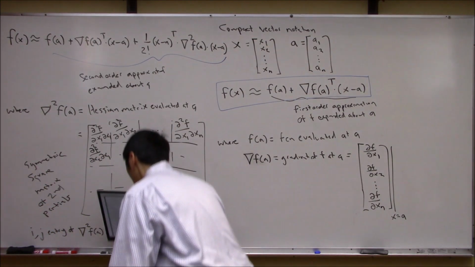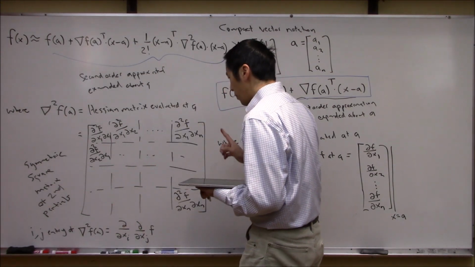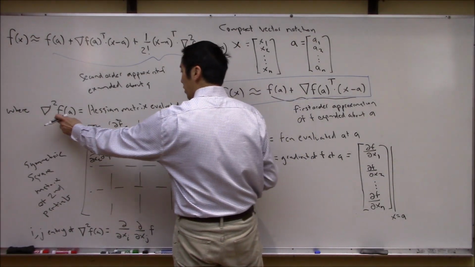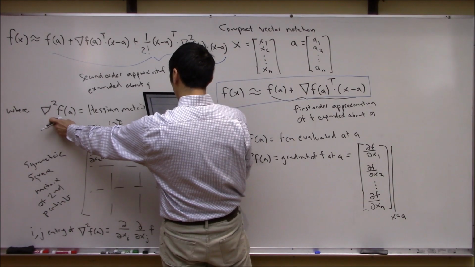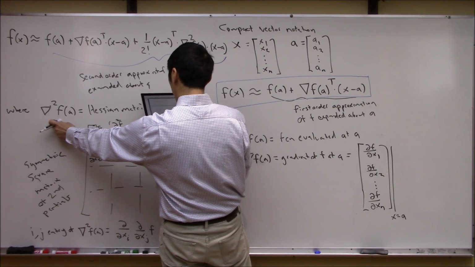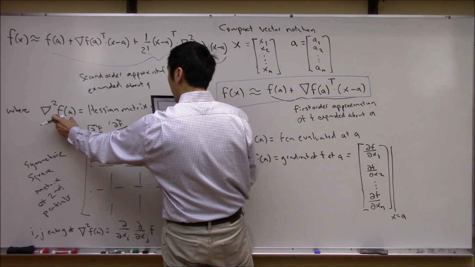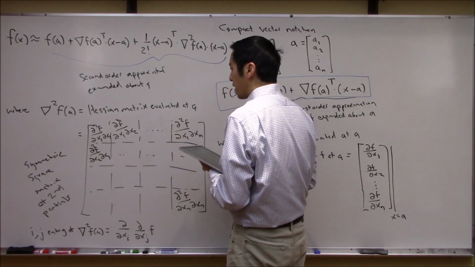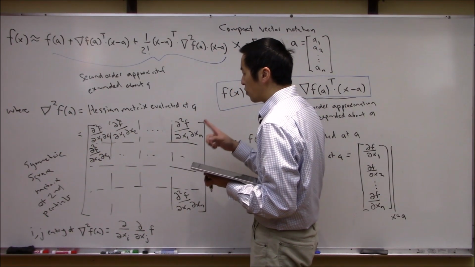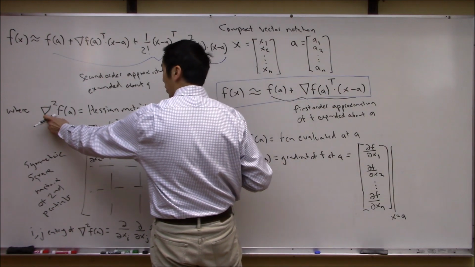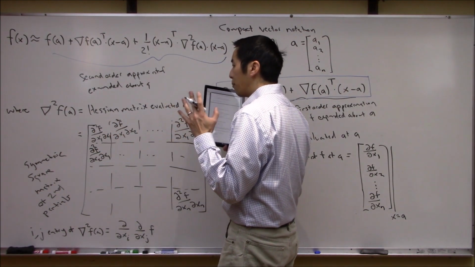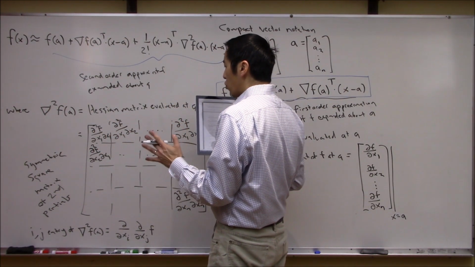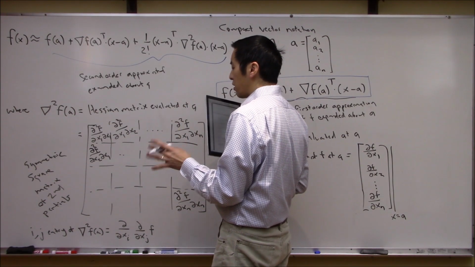The other thing maybe we'll quickly mention here is this notation, this nabla squared or del squared f. Sometimes in other contexts, you may see mathematicians use del squared, nabla squared, for the Laplacian of f. Just keep in mind that that's a completely separate operator.